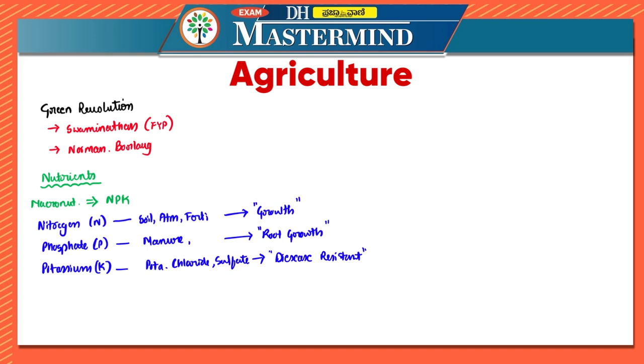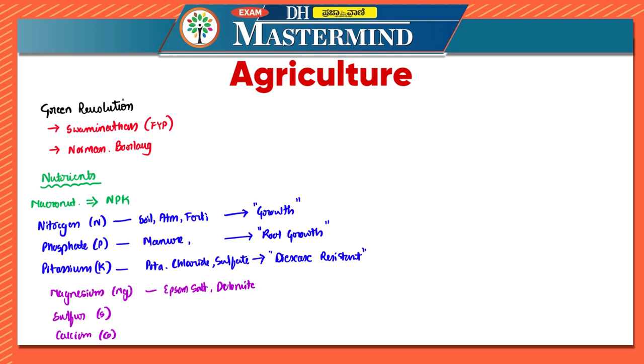There are other macronutrients also. For example, there is magnesium, sulfur and calcium. Magnesium is available in sources like Epsom salt and dolomite.